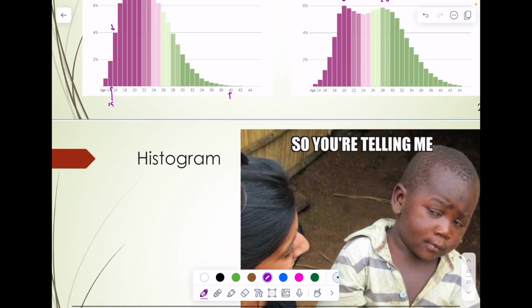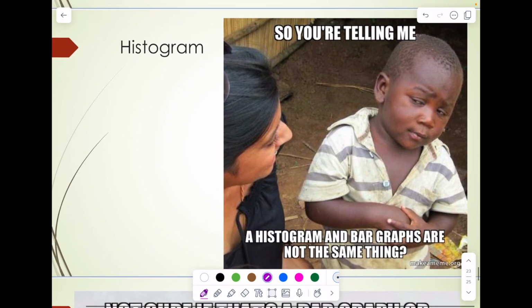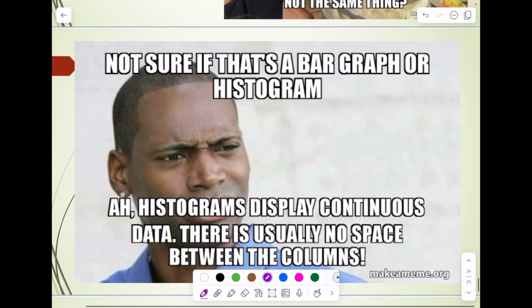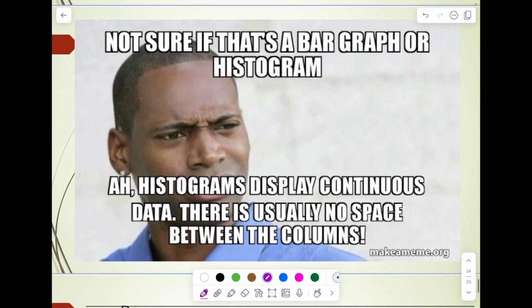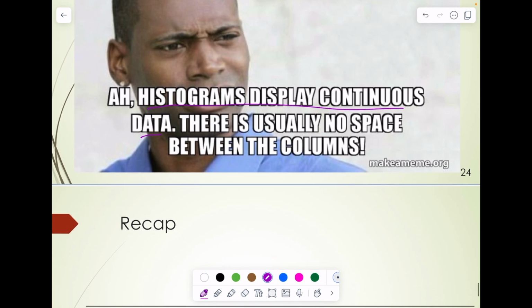Okay, so that's a histogram. Exactly. Histograms display continuous data. There is usually no space between the columns.